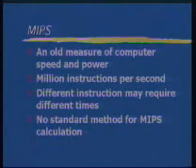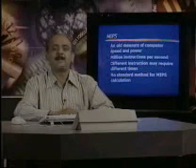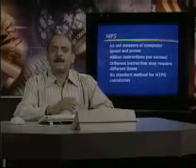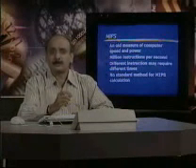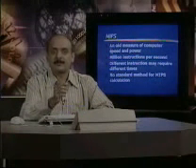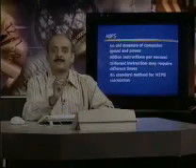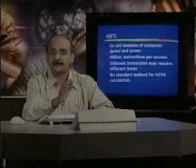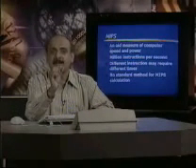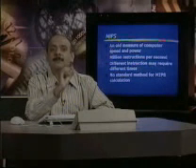It is an old measure of computer performance, and it basically measures the computer speed and power. Why this measure is not a very good measure is that with different processors, the time required for a particular instruction may be different, or even in the same processor, different instructions may take different amounts of time for execution.